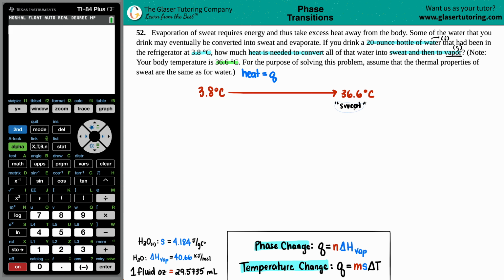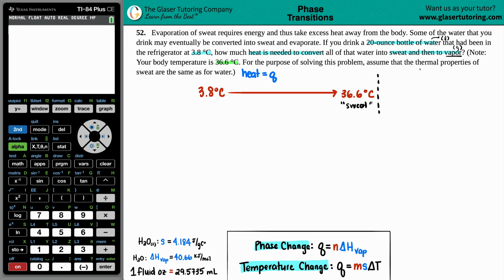But now the sweat, once it starts turning into sweat, is going to start evaporating and turn into vapor. So at this stage, maybe I'll put a little line down here, that at 36.6 degrees Celsius, we can view it as the phase change of the sweat turning into the vapor.